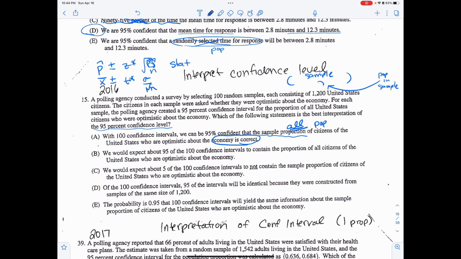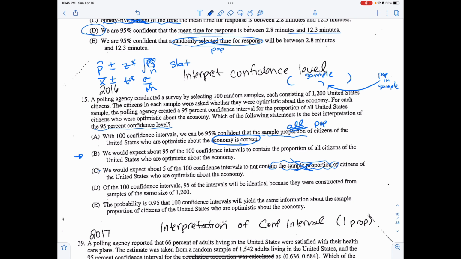I'm going to tell you B's the answer, but let's read the other ones and see why they're bad. So let's go to C next. We would expect about 5 out of 100 confidence intervals to not contain the sample proportion of citizens of the United States who are optimistic about the economy. Now look, again, I am looking for all the citizens, not the sample.